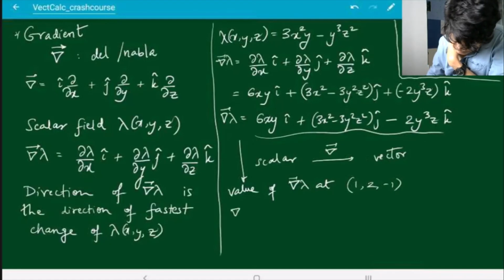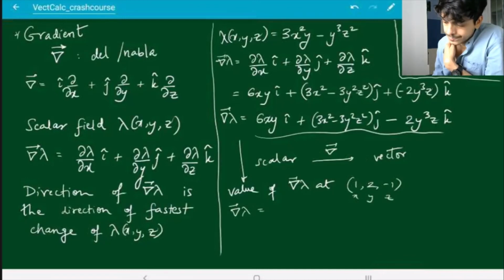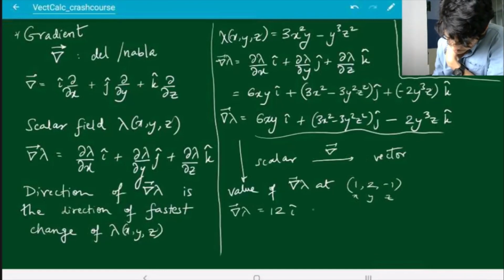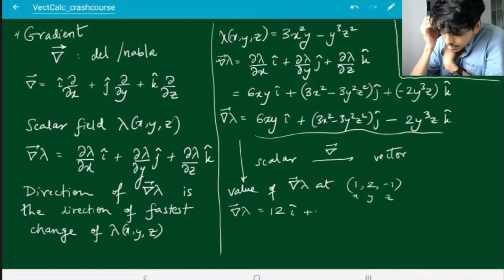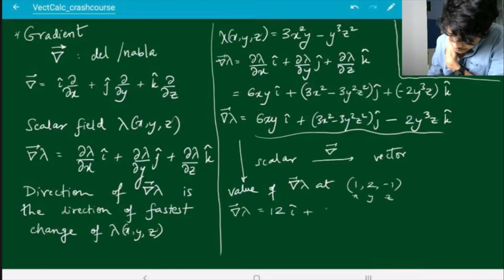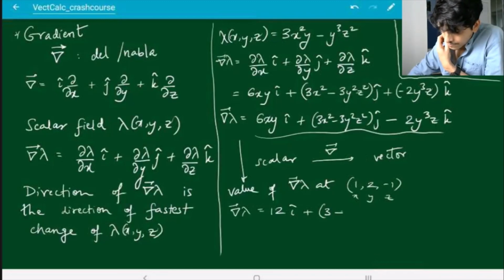So I will get gradient of lambda is 6. So this is x, this is y, this is z. So 6 times 1 times 2 is 12. 3 times x square is 1. So that's 3. 3 times y square times z square. Z square is also 1.